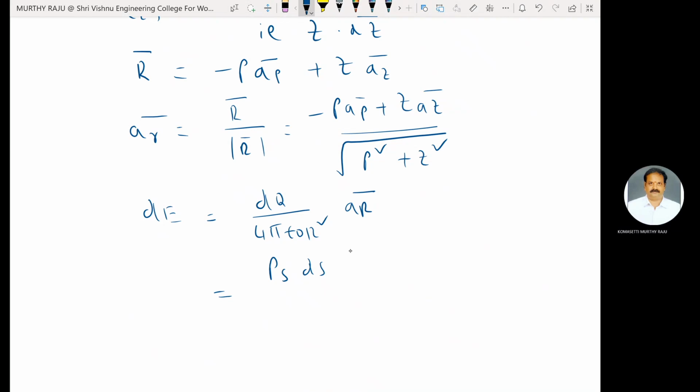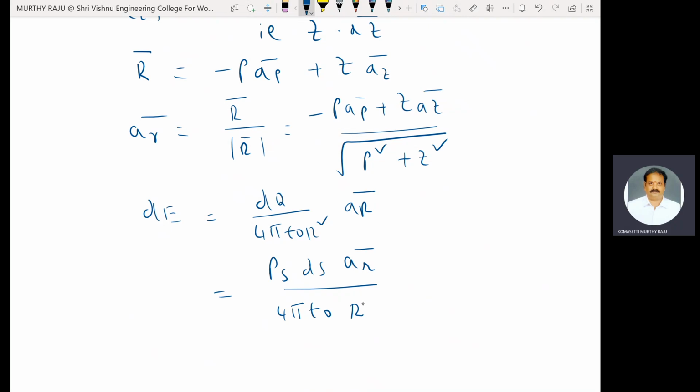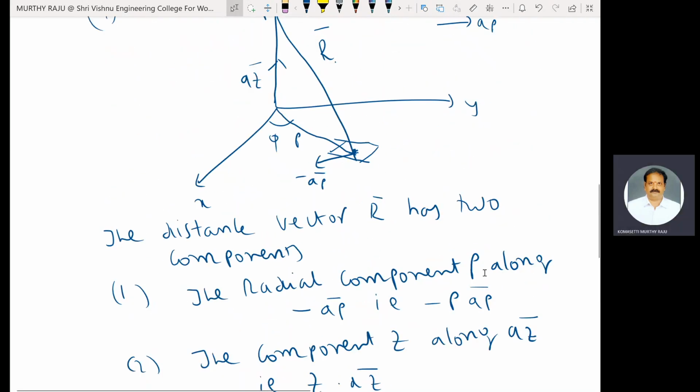a r bar by 4 pi epsilon r square. Here ds is normal to the z direction. This is the sheet, and on that sheet we consider a small element. The charge associated with ds is dq.